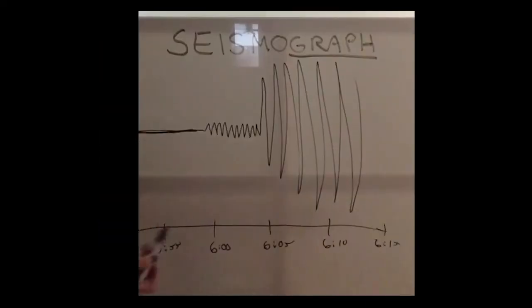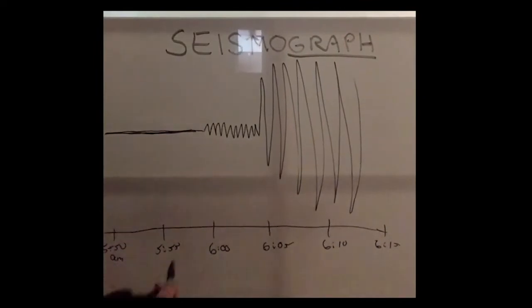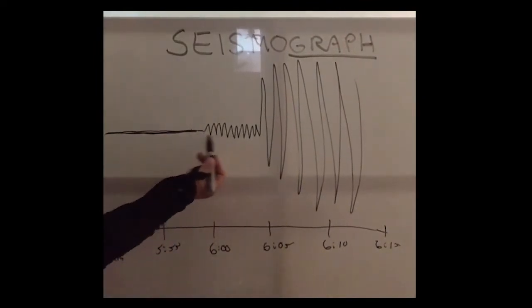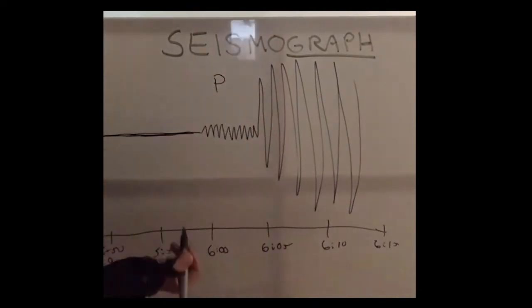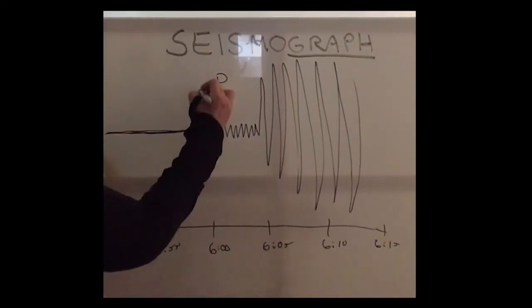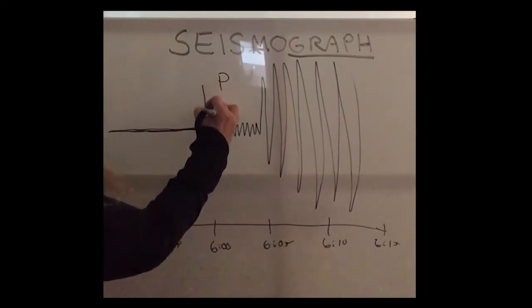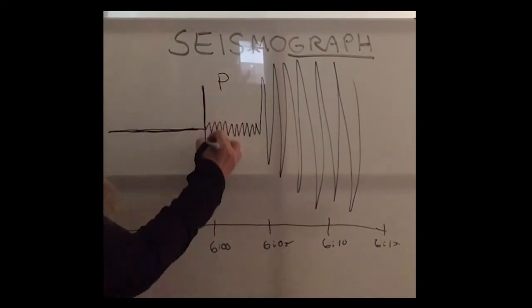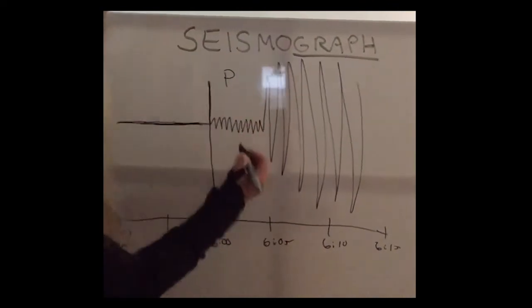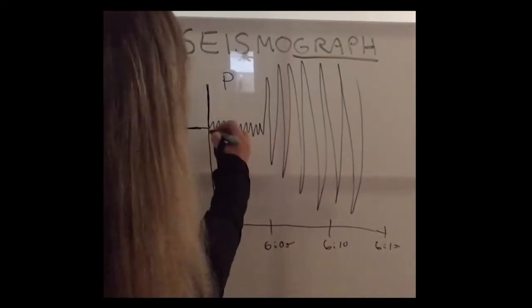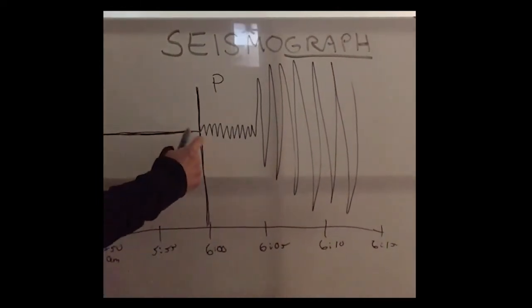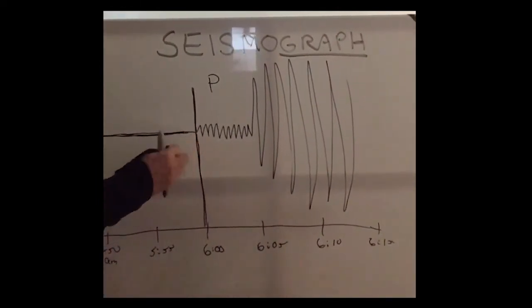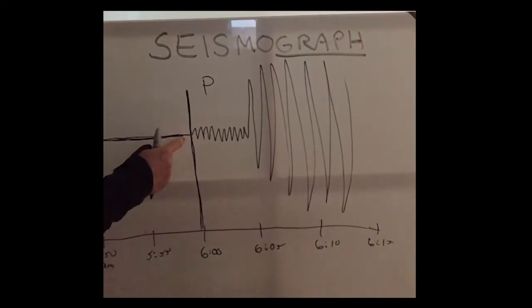Now we have a seismograph. So what does this mean? Here, where these waves first start, these are all P waves. Remember, P waves come first. Right here is where, gosh, I need a ruler. But this is where the P waves arrive at the seismogram.